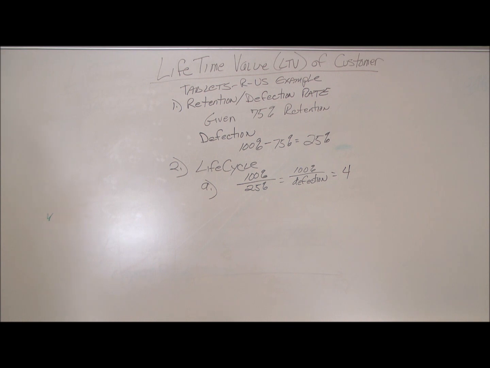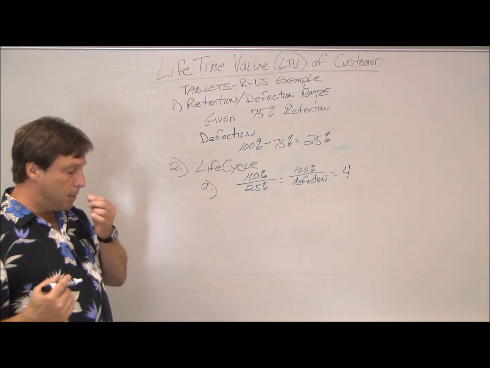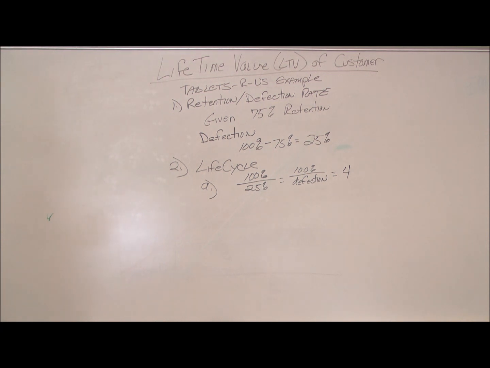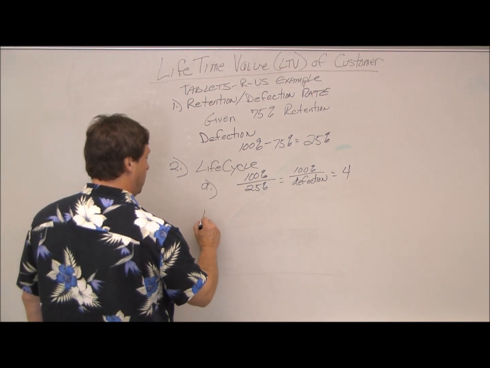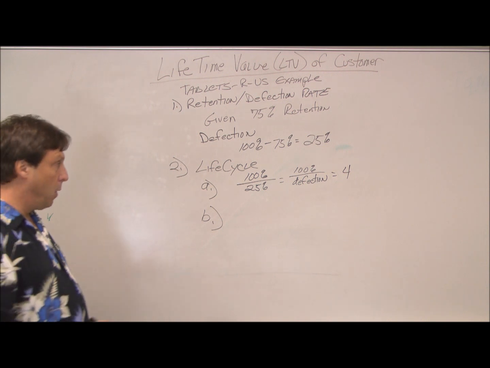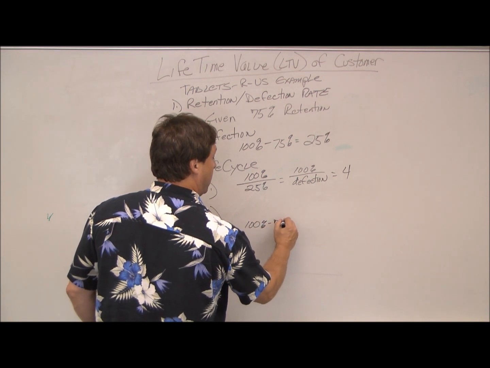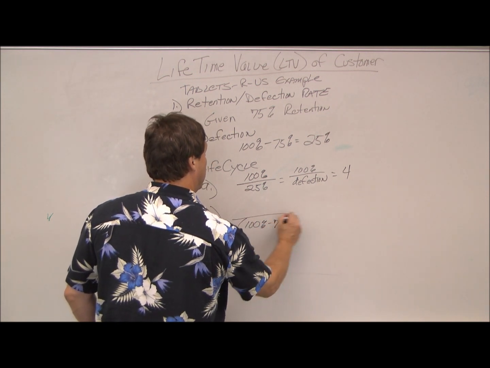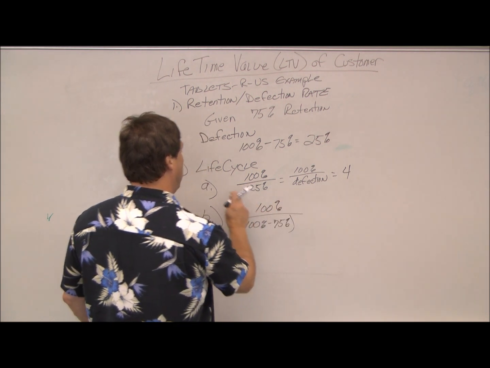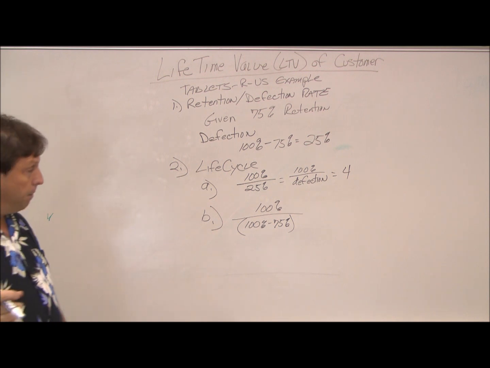Once you begin to do this a few times, the first couple times through, it's better to calculate the defection rate. Once you get used to what you're doing a little bit, it's a lot simpler if you combine steps 1 and 2. So I'll call that B here. We know that our defection rate was simply 100% minus our retention rate, and for the life cycle, we're basically taking a percentage.